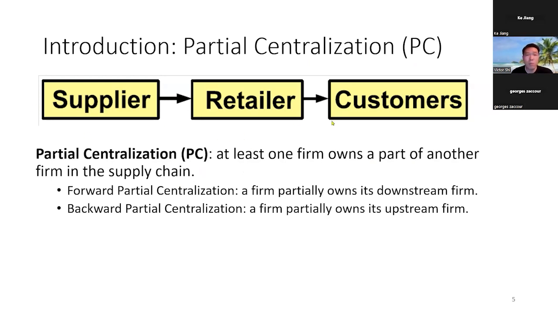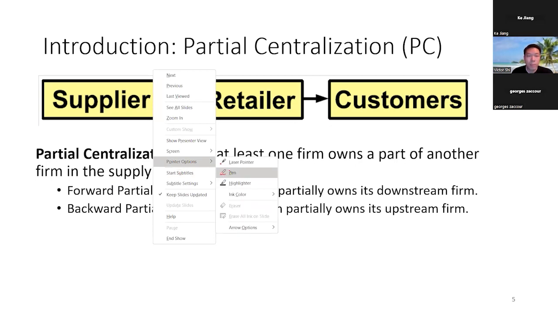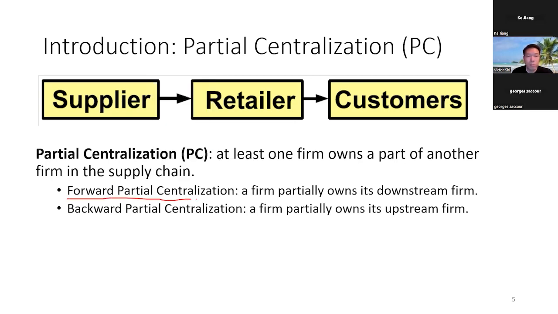So in this simple supply chain, there are actually more than 2 possibilities, right? One is called forward partial centralization, okay? So if we have a supplier owns, say, 10% of the retailer, that would be a forward partial centralization, right?